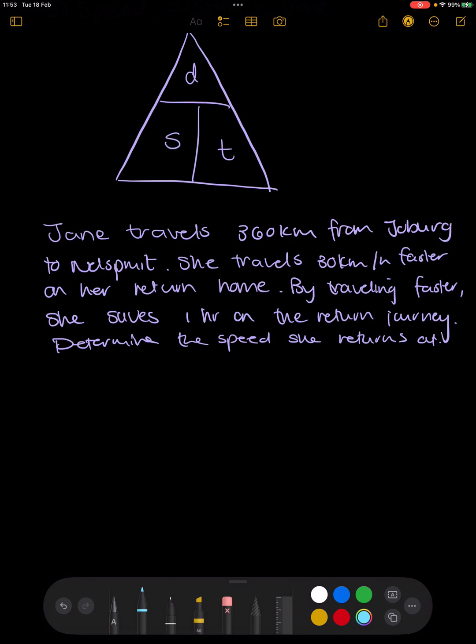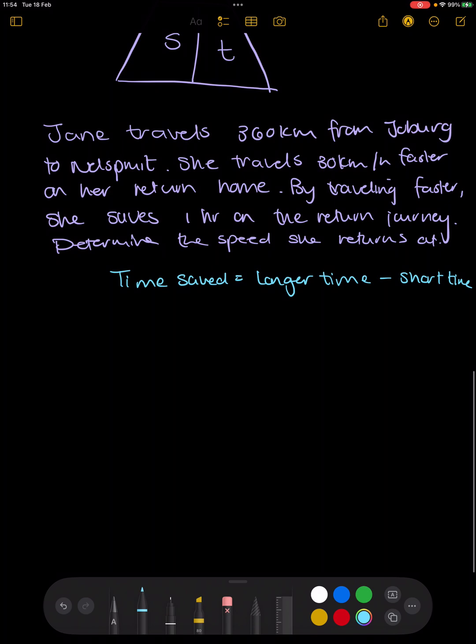Alright, so what we're going to say is time saved is equal to longer time, so her time there, minus her shorter time, so her return back. Then I'm going to draw myself my table.